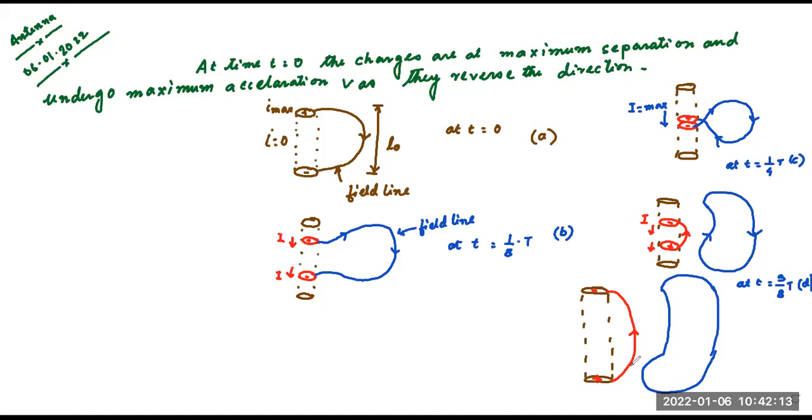This length is lambda by 2, from this to this. This is lambda by 2. So at that point, t equals half of T. So this is the last figure, E.